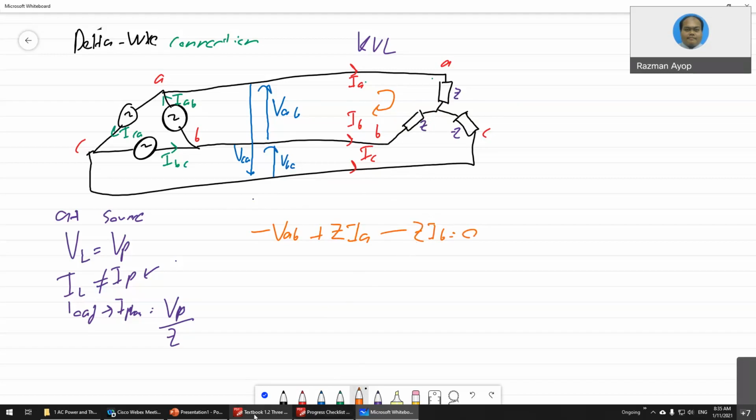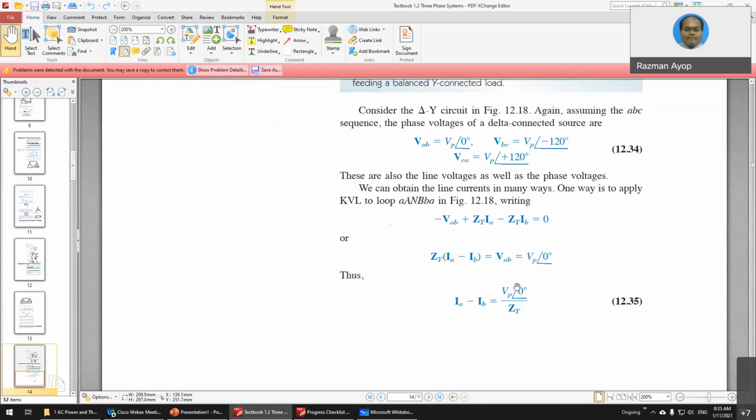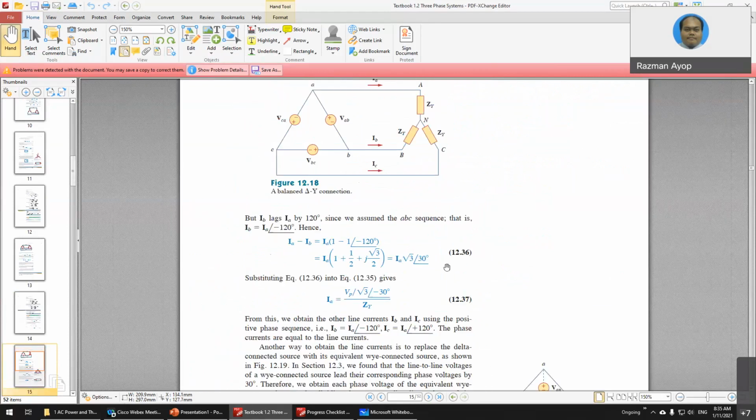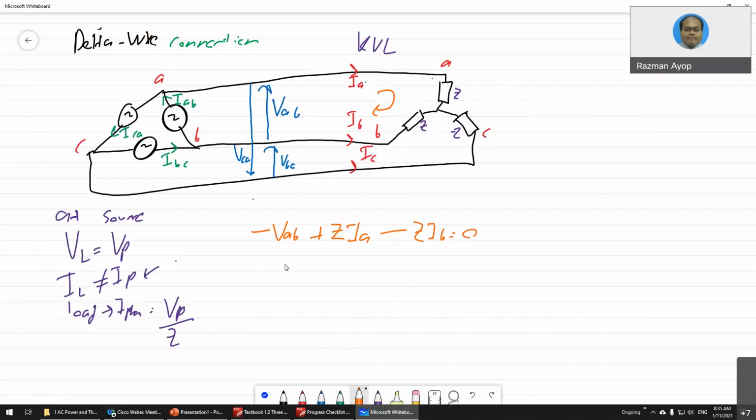Let me check the textbook. Using Kirchhoff's voltage law you get IA minus IB equals VP divided by Z. If you want to calculate the unbalanced load, you have to do it like this, and then do the second loop: negative VBC.